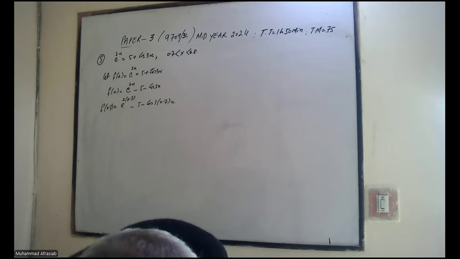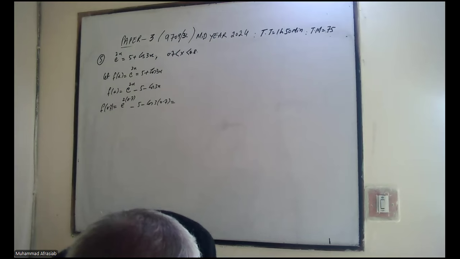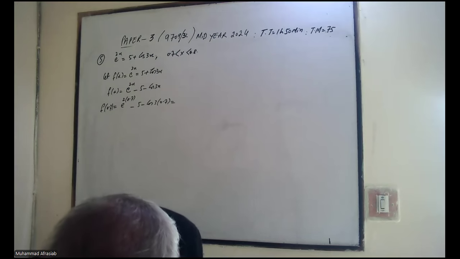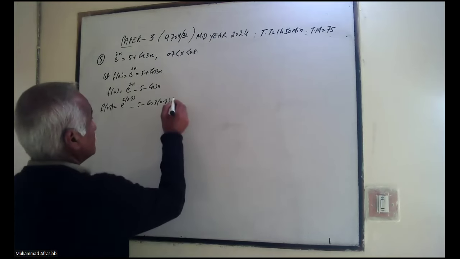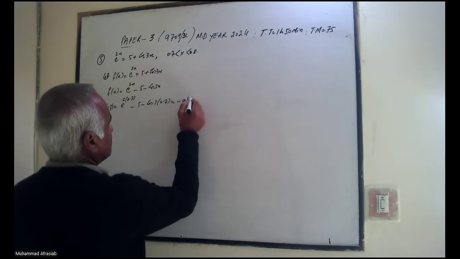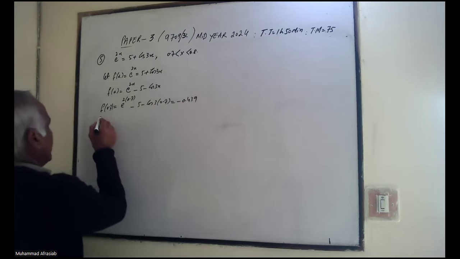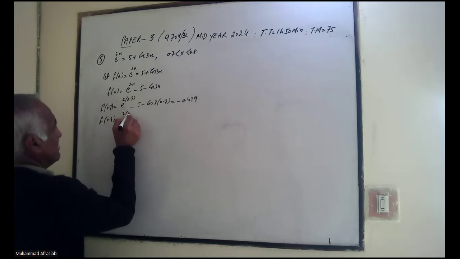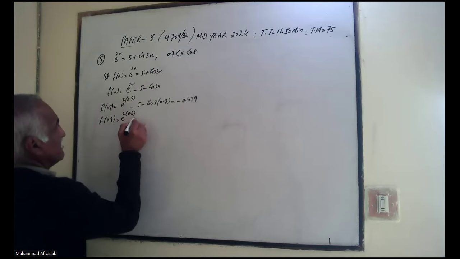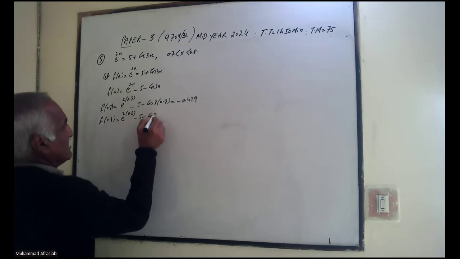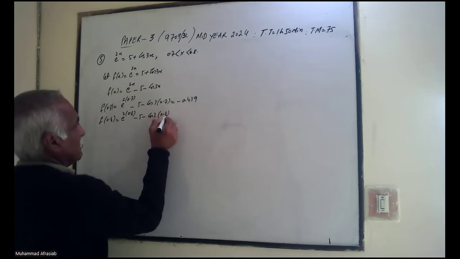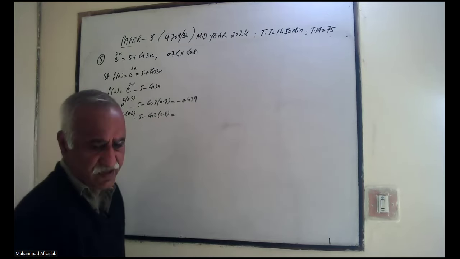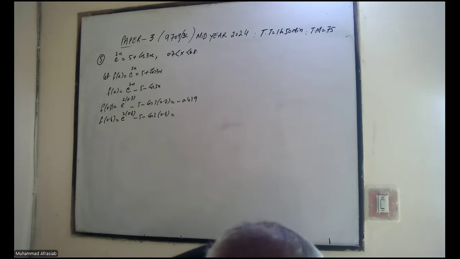minus 0.439. Then f of 0.8 will be equal to e power 2 into 0.8 minus 5 minus cos of 3 into 0.8, and that value is equivalent to 0.690.